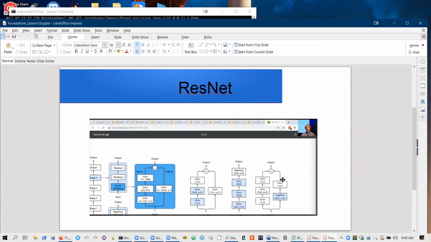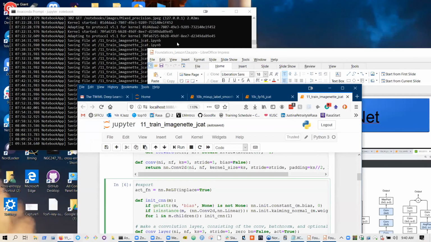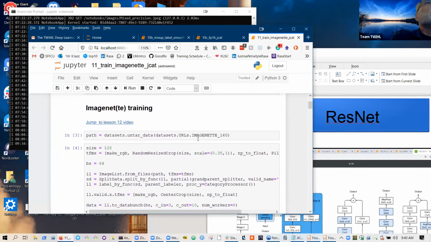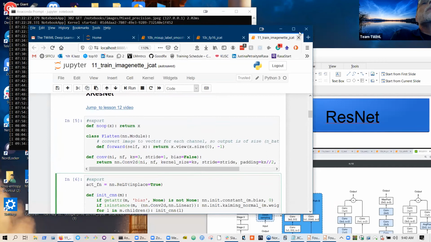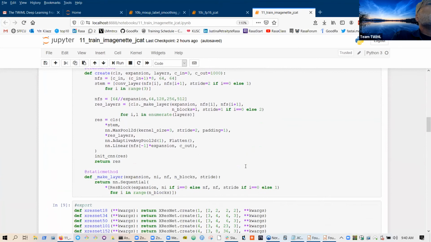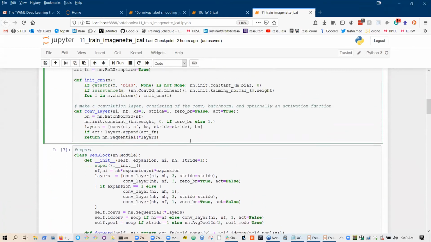Okay, that's a good question. That bn switch that he had, where is it? The conv layer zero_bn. Let me just go back to the full thing for a second. From the conv layer, zero_bn, that's the switch.